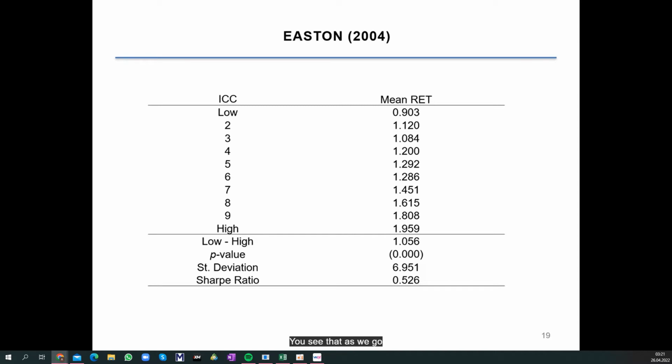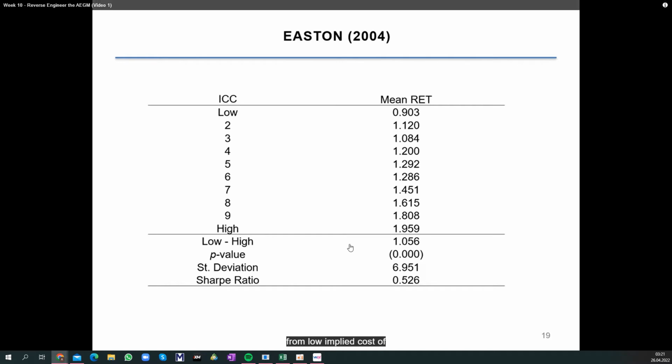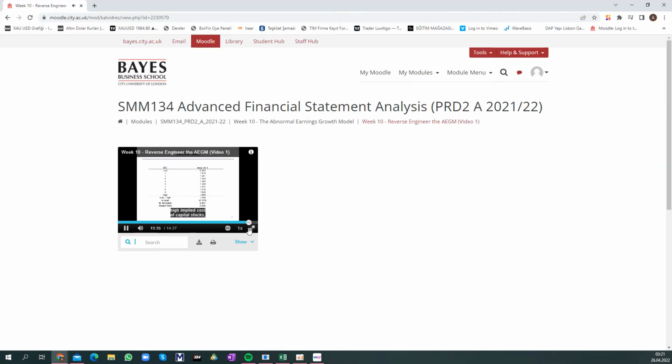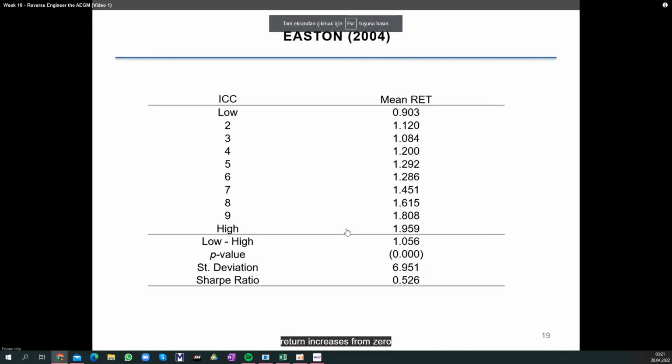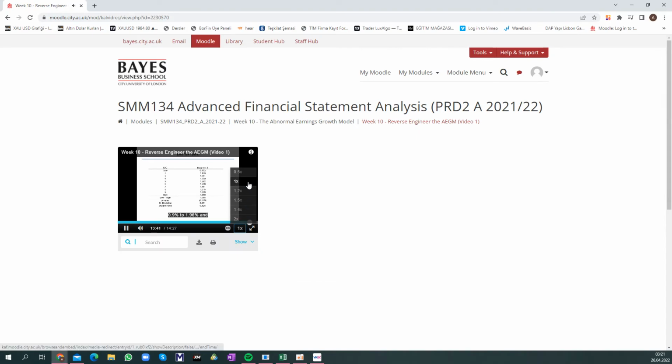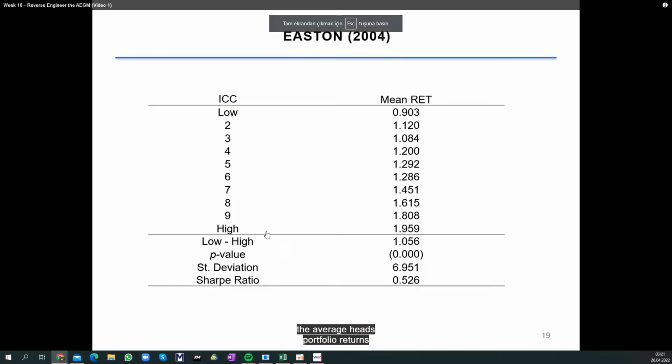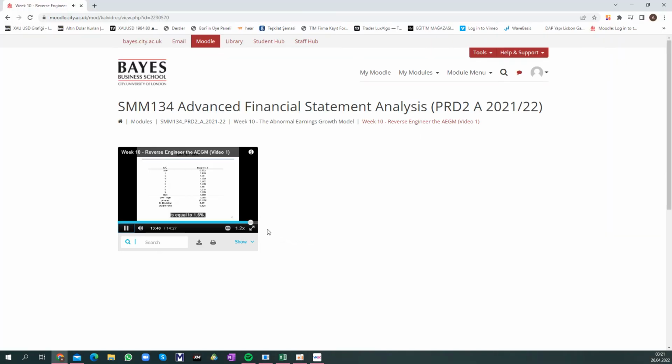You see that as we go from low implied cost of capital stocks to high implied cost of capital stocks, the average future stock return increases from 0.9% to 1.96%, and the average hedge portfolio return in the period is equal to 1.06%.